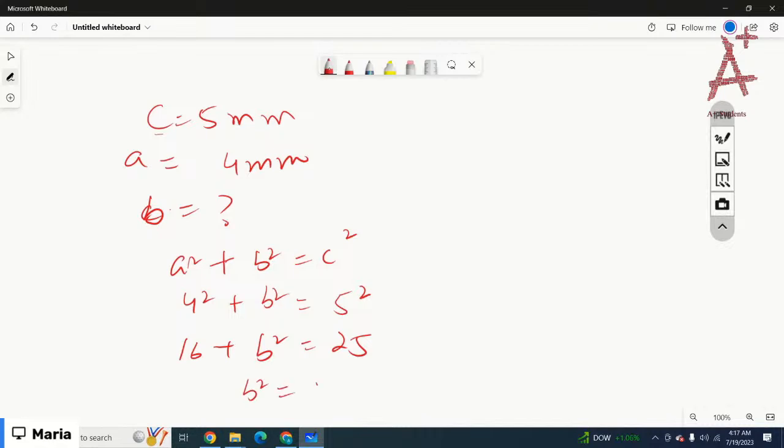So b square equals 25 minus 16. So 25 minus 16 is 9. Just square root both sides. So you are left with b equals 3. So the correct option is b equals 3.